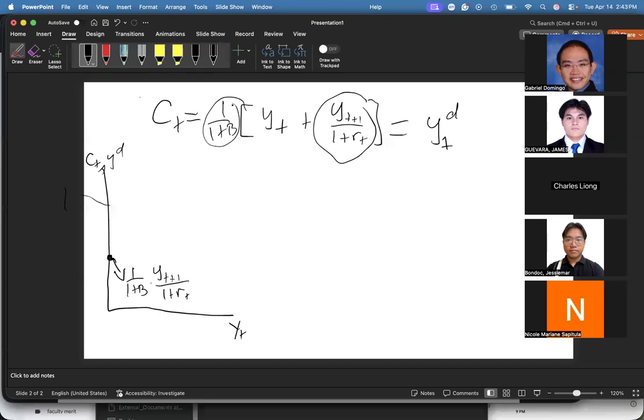Next, we're now going to plot the consumption function. Is it upward or downward sloping? I will repeat the question. Is consumption upward or downward sloping? Upward. Great.